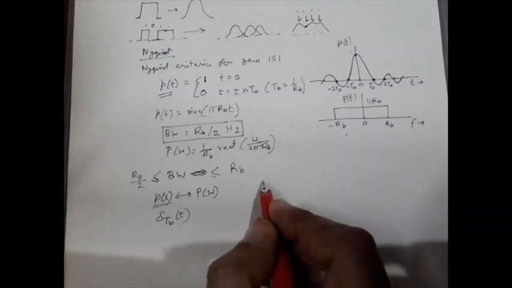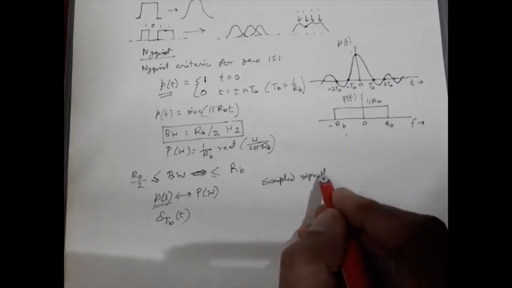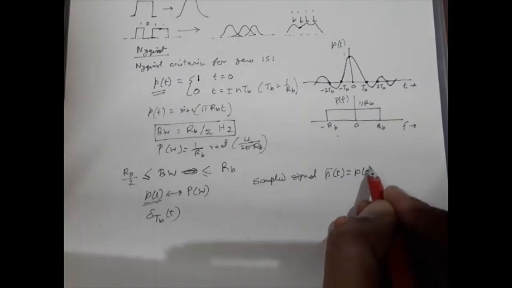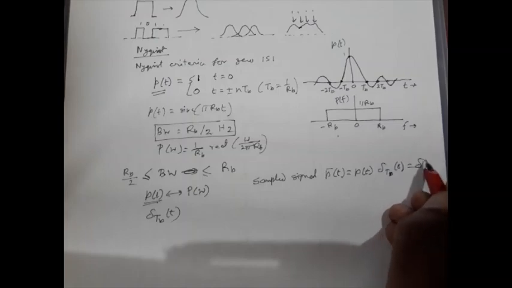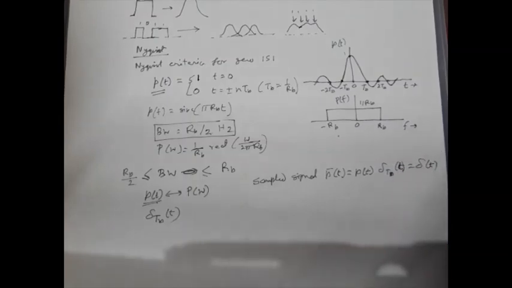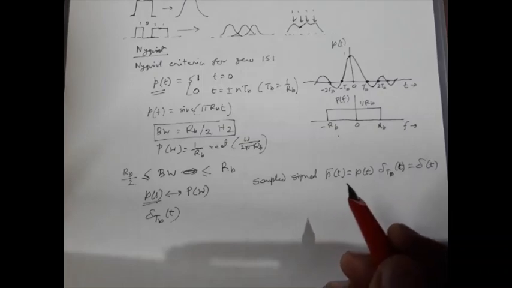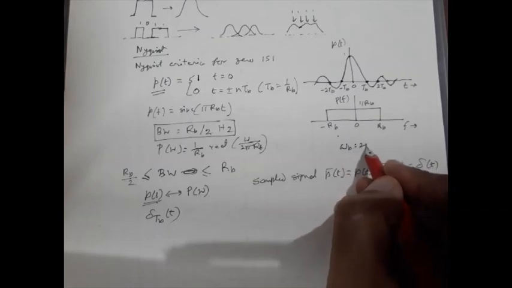So thus the sampled signal, say P bar T, can be written as Pt into delta TB T, that is equal to delta T. We know that the spectrum of sampled signal P bar T is the spectrum of Pt repeating periodically at intervals of the sampling frequency omega b. Omega b equals 2 pi Rb.